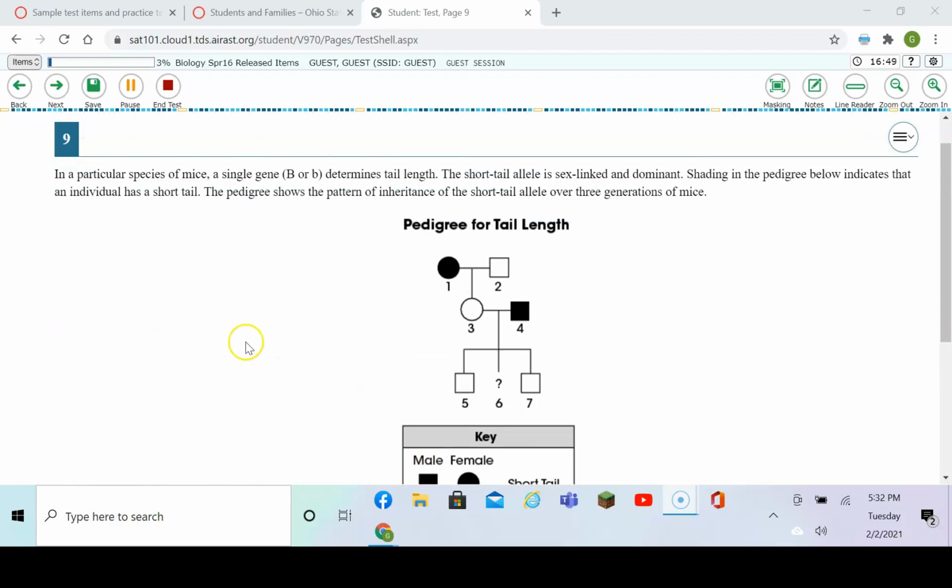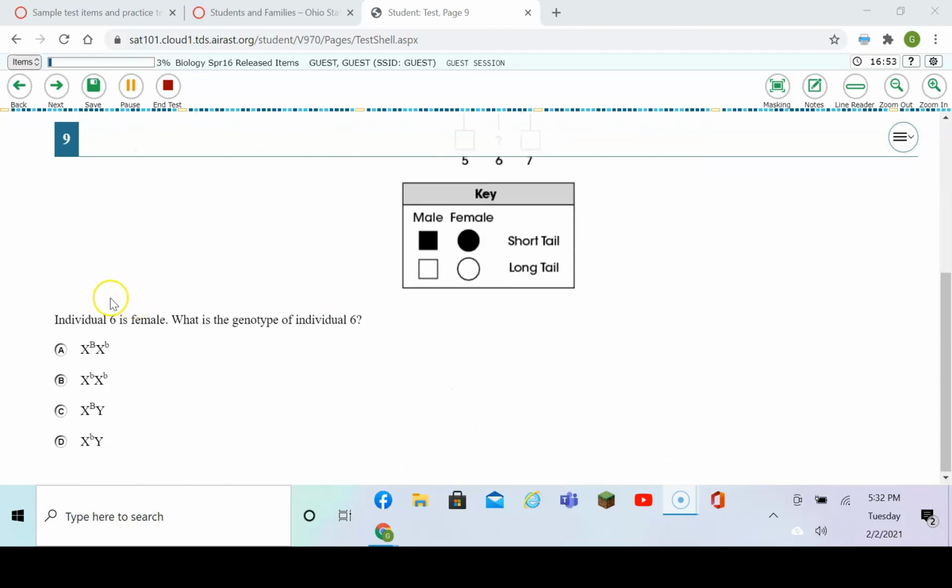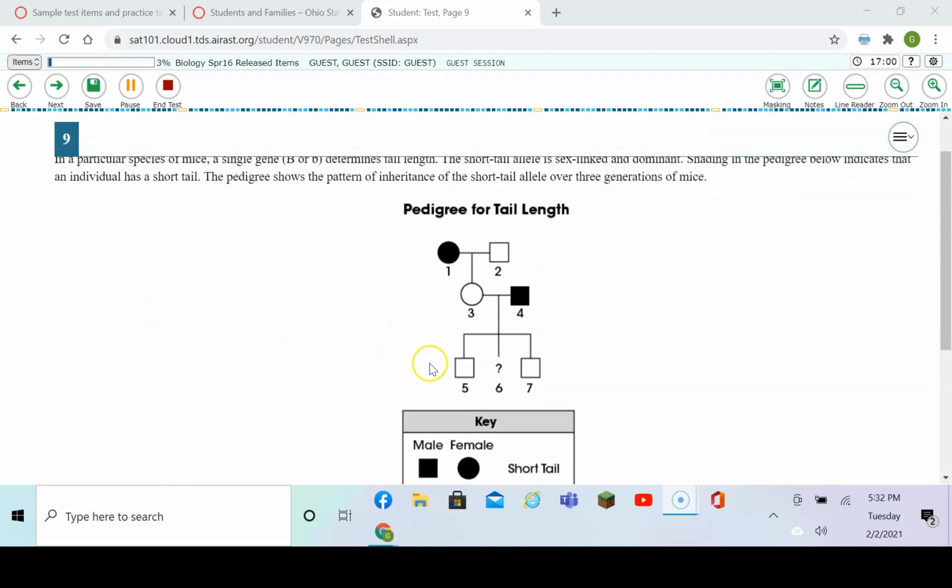So let's look here. What is the question they're asking us? They say individual 6 is a female. What is the genotype of individual 6? Well, we know guys are X and Y. So let's see. We're talking about 6, so let's look at her parents. In this case, number 3, for it to have the long tail, it's got to have 2 small b's. And it's also got to have 2 X's, so it'd be X small b, X small b.